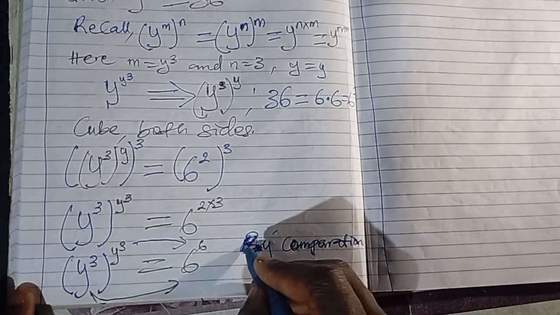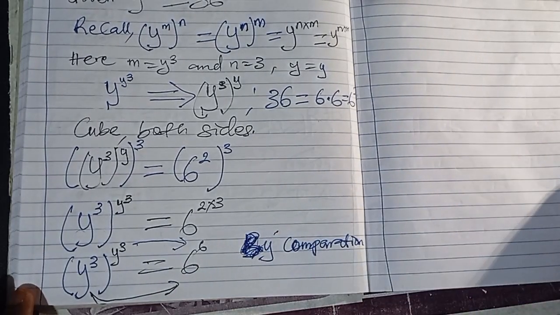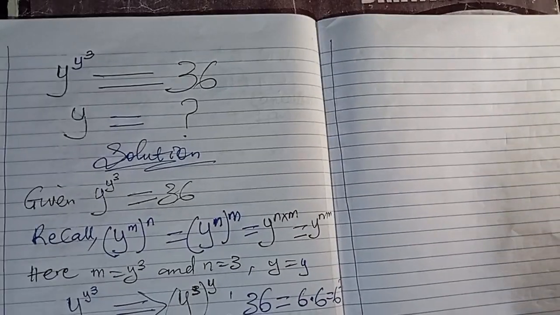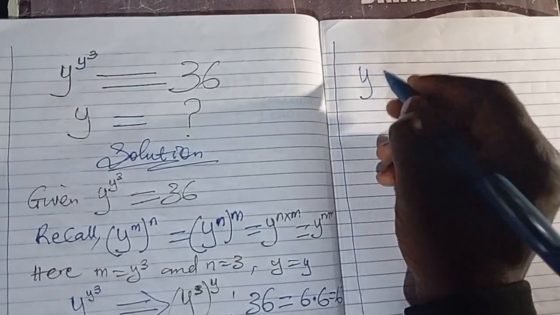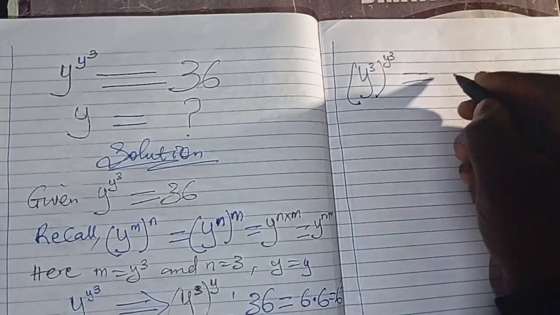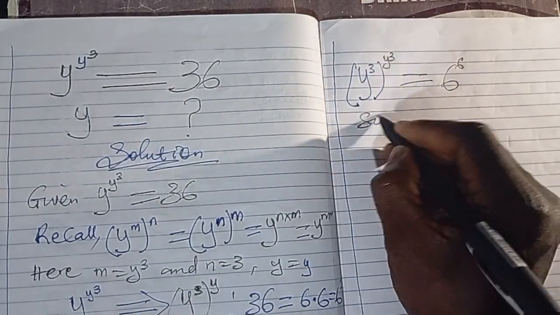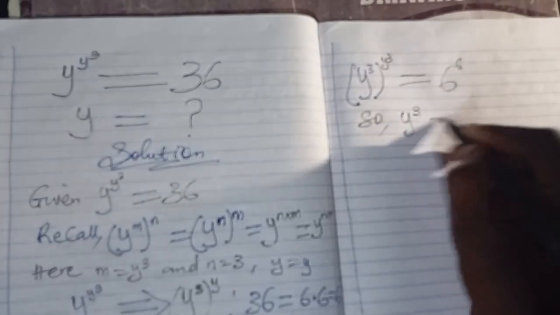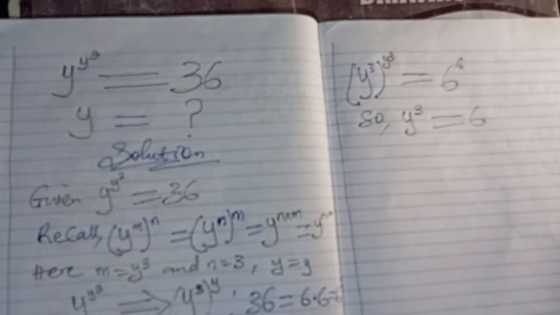So, by comparison, you notice that in brackets y raised to power 3, we have 6 raised to power 6. So y raised to power 3 is equal to 6. Okay.